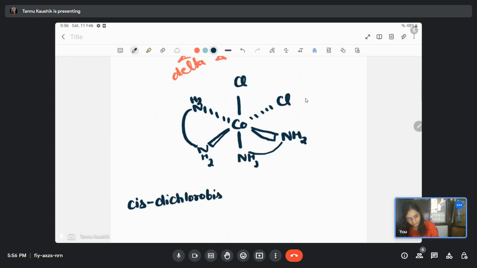Cis difluoro, this ethylenediamine, for cation.